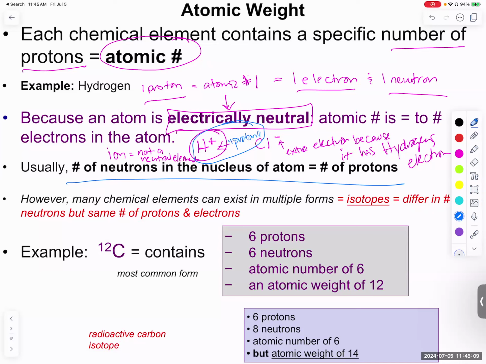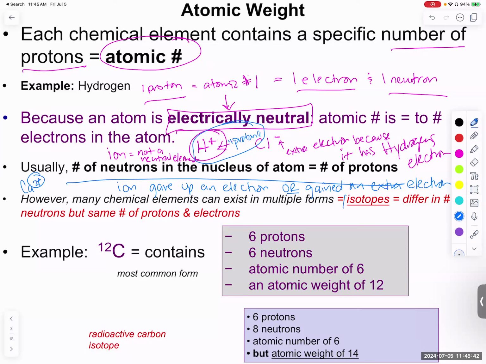But in the case of ions, it gave up an electron or gained an extra electron or two. You can see like calcium has a +2, which means it gave up 2 electrons and now has 2 more protons than it has electrons.